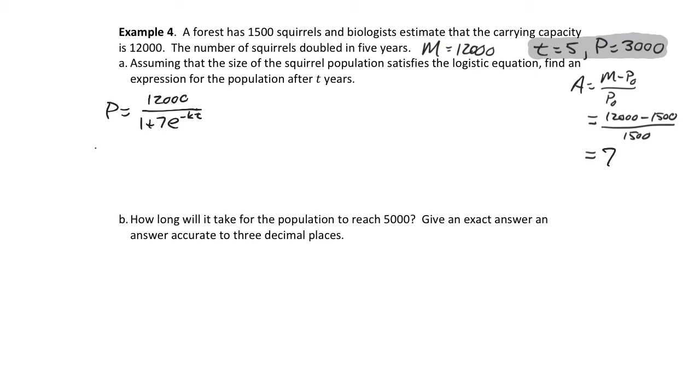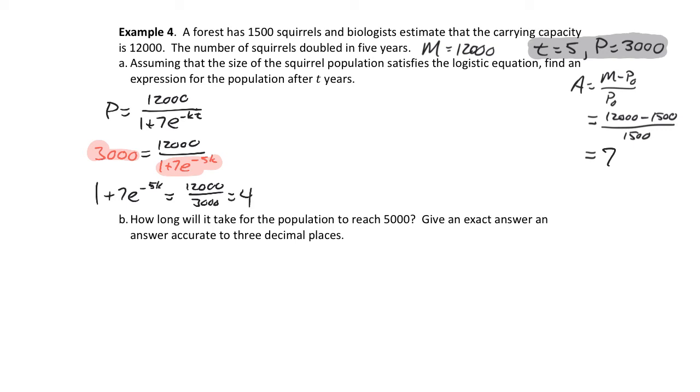So we'll put 3,000 in for P. That's 12,000 divided by 1 plus 7 e to the negative, t is equal to 5, so 5 times k. I'm going to multiply both sides by the denominator and divide both sides by the 3,000. That'll give us 1 plus 7 e to the negative 5k equals 12,000 divided by 3,000, which is easy to calculate.